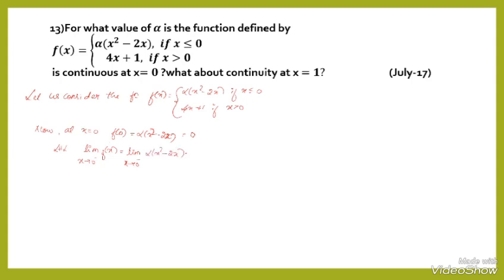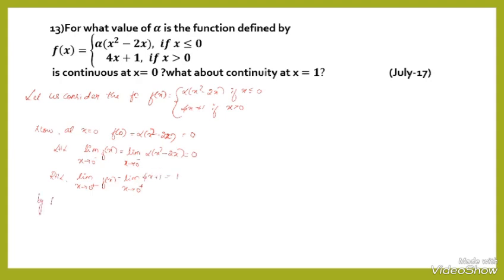Substituting the values, we get 0. Then the RHL, limit x tends to 0 plus f of x, which is 4x plus 1, equal to 1.